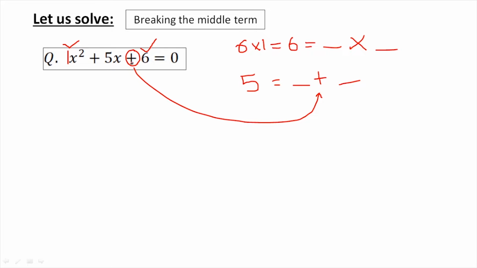Why adding? Because there is a plus sign here, so we'll use the sign here. And when multiplied, they should give us 6, because the constant number and the coefficient of x squared when multiplied give us 6. So that is the rule in breaking the middle term.